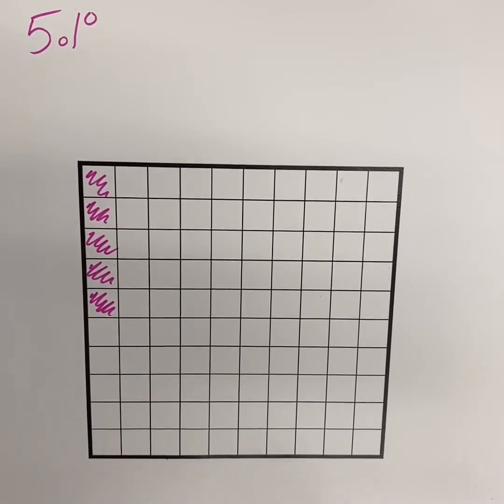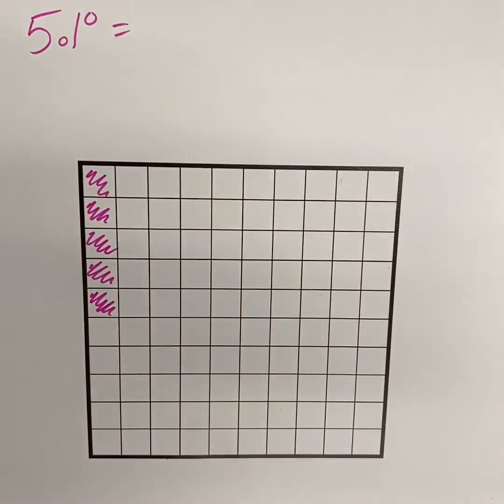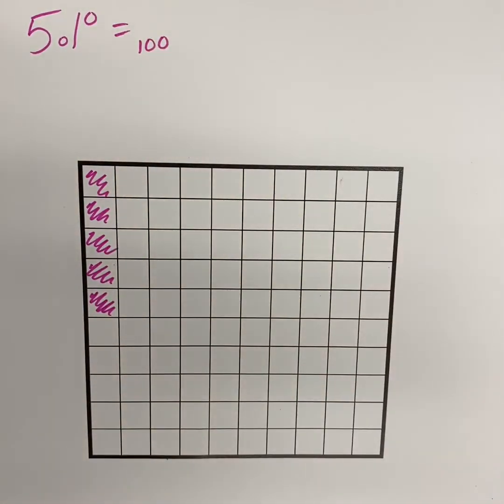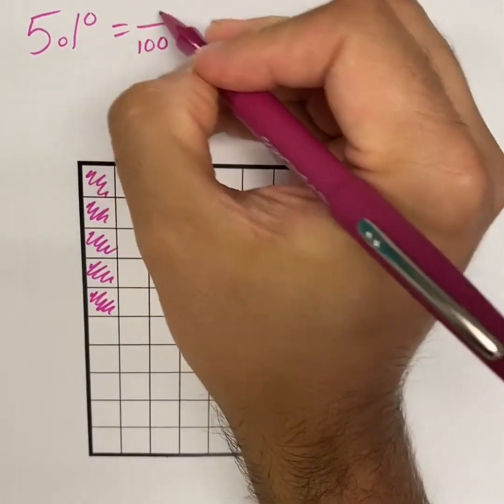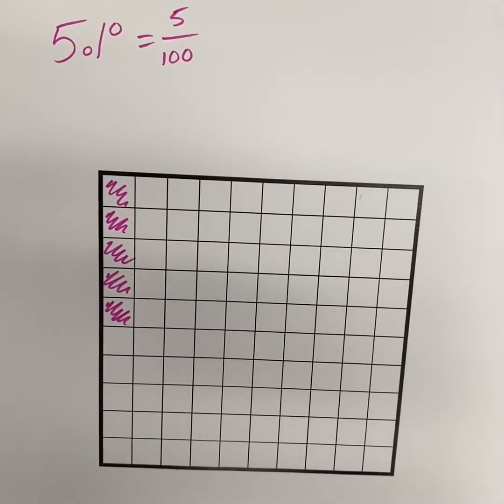If we were to write a ratio of number of shaded squares to the total number of squares, that would give us our fraction for 5%. So let's go ahead and do that. How many total squares are there? That has not changed since last time. There are 100 of them. Okay, so how many of them are shaded? 5. 5 out of 100. That's equal to 5%.